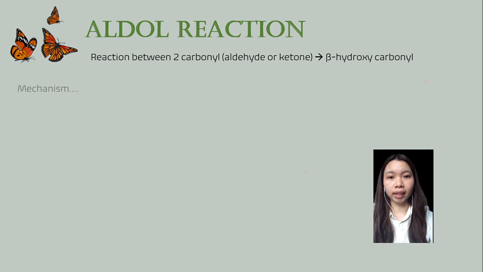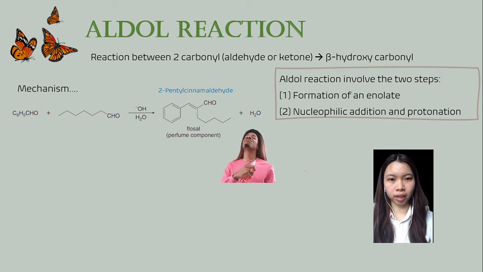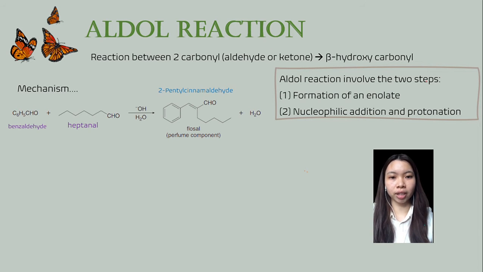Here, I'm going to explain the mechanism of 2-pentyl cinnamaldehyde, commonly called flosal, which is a perfume ingredient with a jasmine-like odor. Flosal is an alpha-beta unsaturated aldehyde made by cross-aldol reaction between benzaldehyde and heptanal, followed by dehydration.